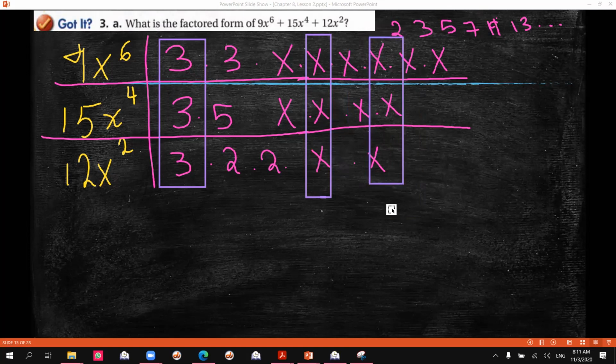So these are the common, is it right? Yes. Because of that, I will say now that the GCF here is 3 times x times x, which is 3x squared.